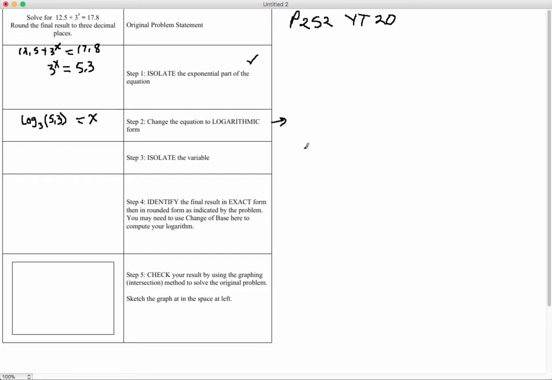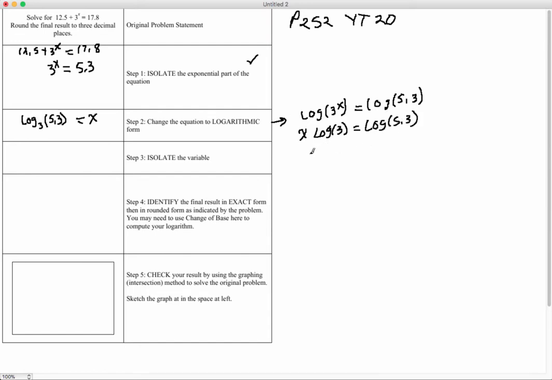Another alternate way of doing that is I could take the logarithm of both sides. So I take the log of 3 to the x is equal to the log of 5.3. Then the next step, to isolate the variable, says this is going to be x log of 3 is equal to log of 5.3, and that's the way you're typically going to see me do it.